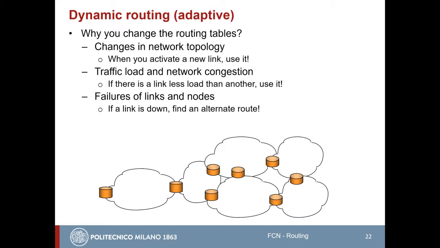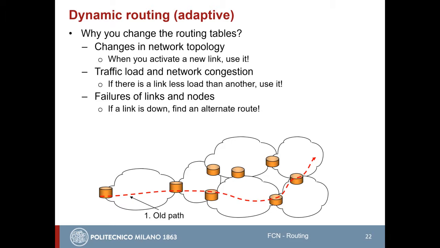This means that the link gets overcrowded by packets. If you are able to detect this event and translate it into a failure at layer 2, then automatically the network at layer 3 will react to this event. And of course, it will react also to failures.